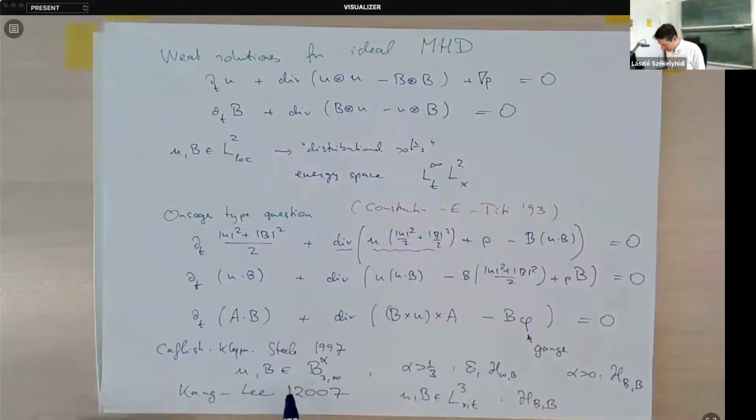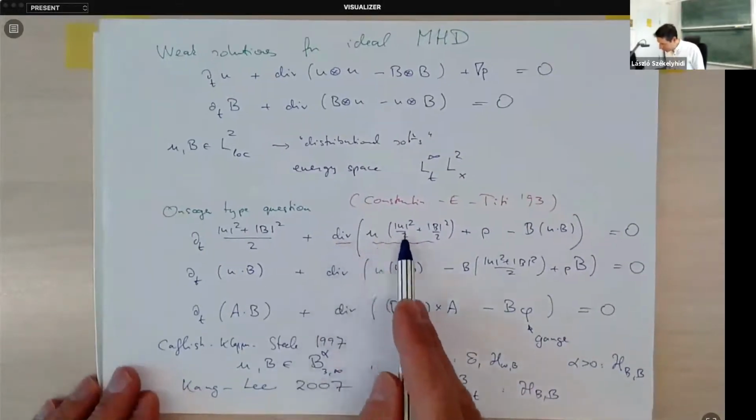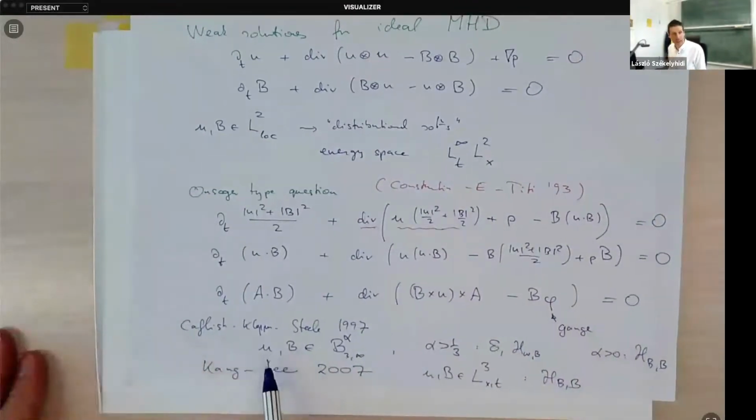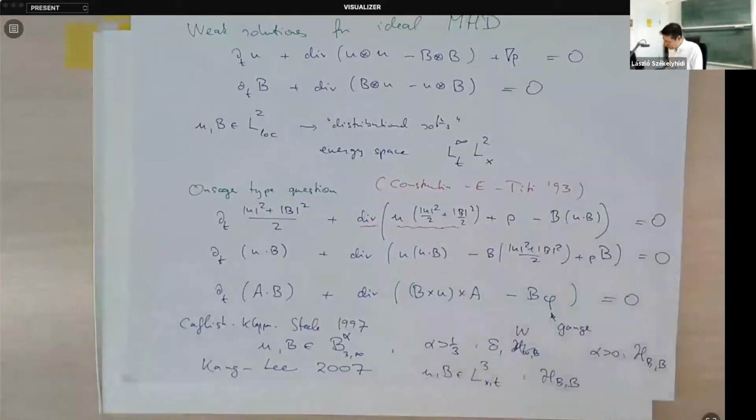So in particular, you have one derivative and three terms. So if, and this is the theorem of Caflisch, Klapper, and Steele, if U and B are in this Besov space with alpha derivatives in L3 infinity, and alpha is bigger than 1/3, then the energy, and the other quantities, are conserved.